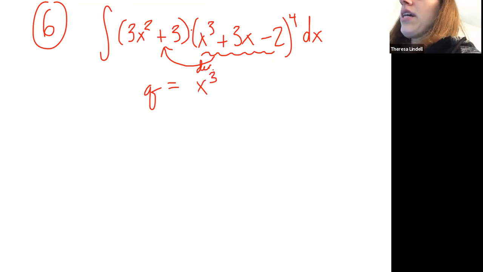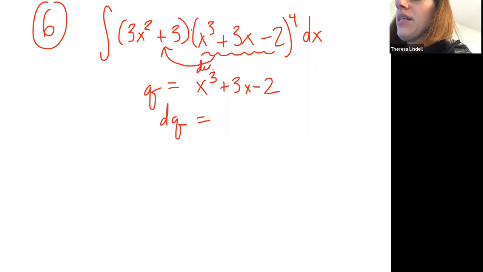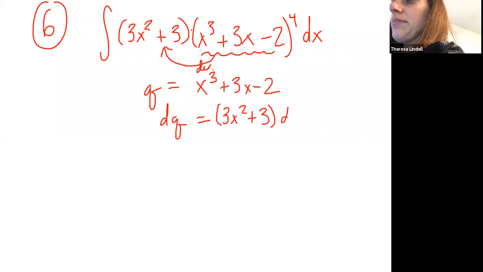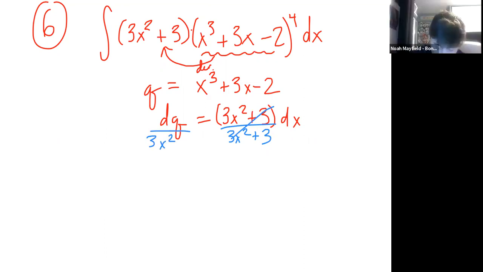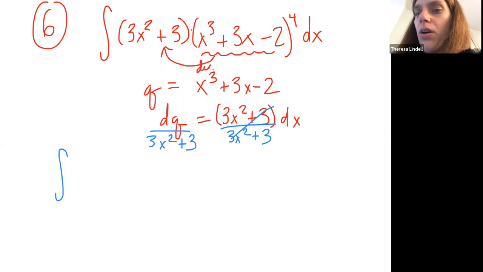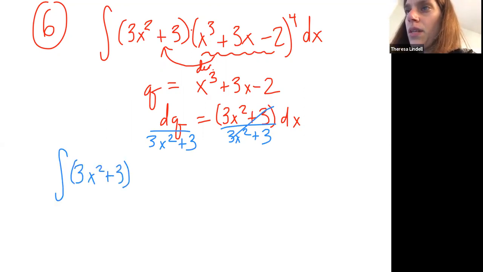So here, q is x cubed plus 3x minus 2. dq is then 3x squared plus 3, because that's the derivative of that, with a dx on there. Do you guys remember how we get the dx by itself here? Divide. Yeah. And then we have our original 3x squared plus 3, and then this is q to the 4th, times dq over 3x squared plus 3.